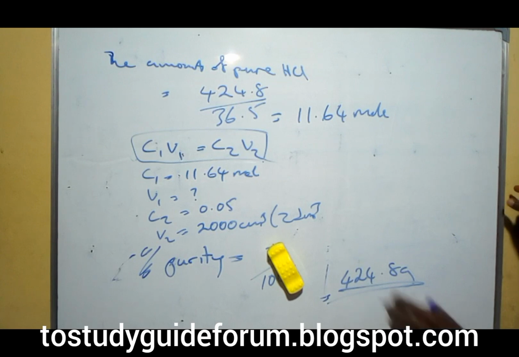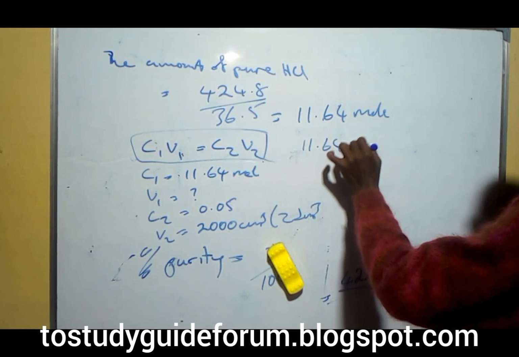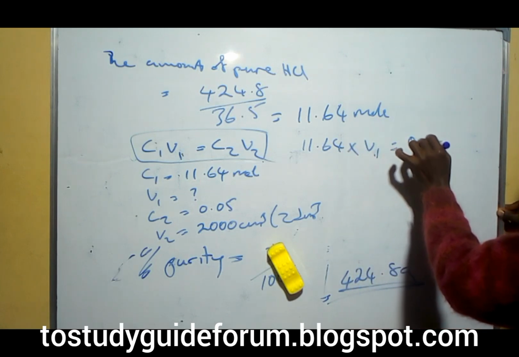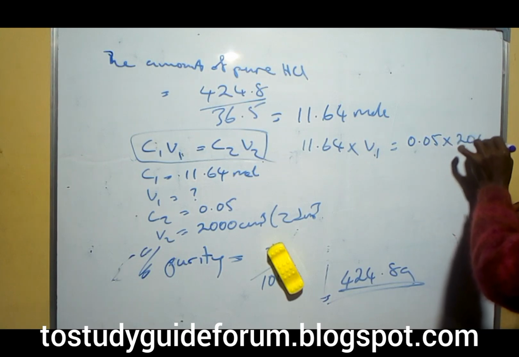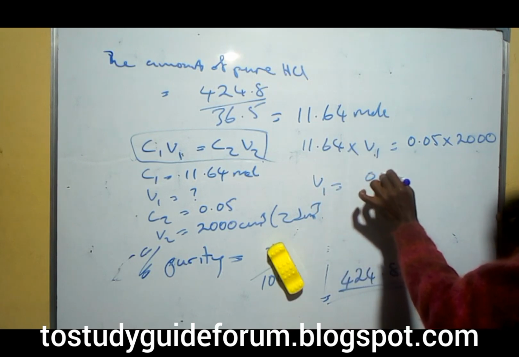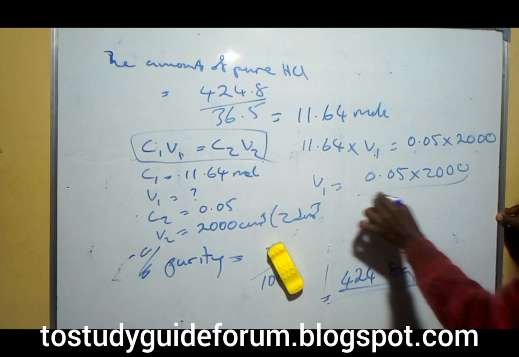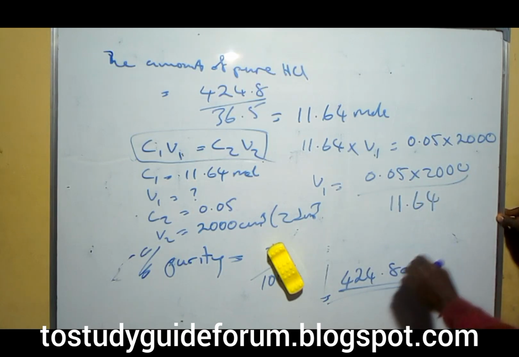If we do that, we have 11.64 times V1, which we don't know, equals 0.05 times 2000. Making V1 the subject of the formula, we have 0.05 times 2000 over 11.64.